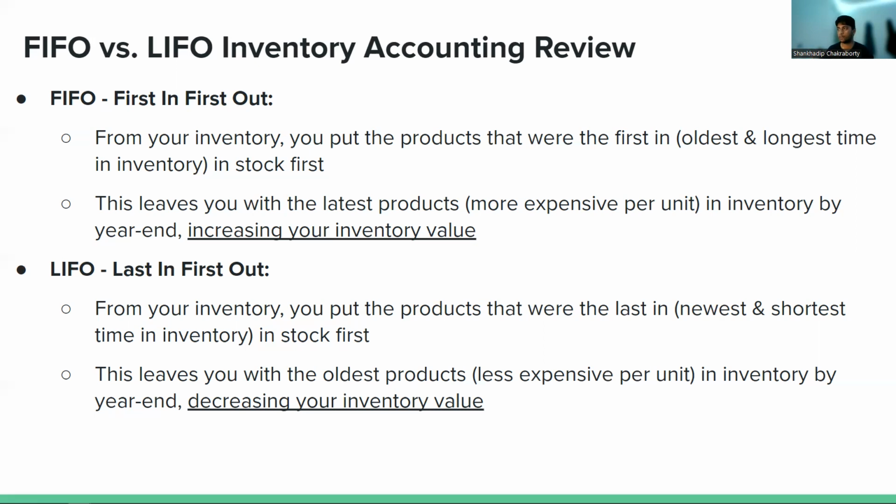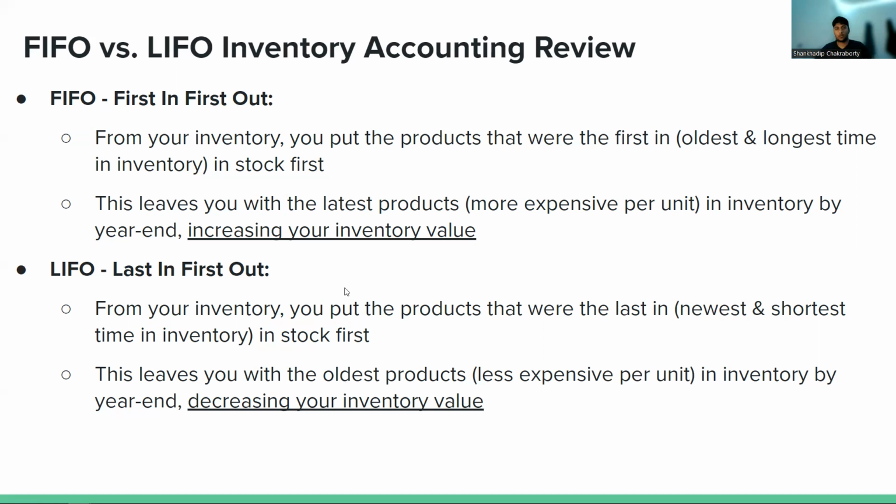And so as a result, when you have stuff that has been produced more recently in your inventory, it increases your inventory value. Because you have the latest stuff still in inventory, you're selling your older stuff first. This increases your inventory value. And on the other hand, you have last in, first out.